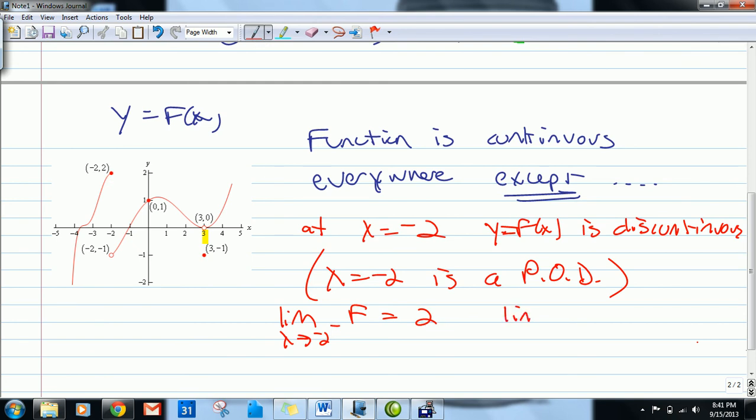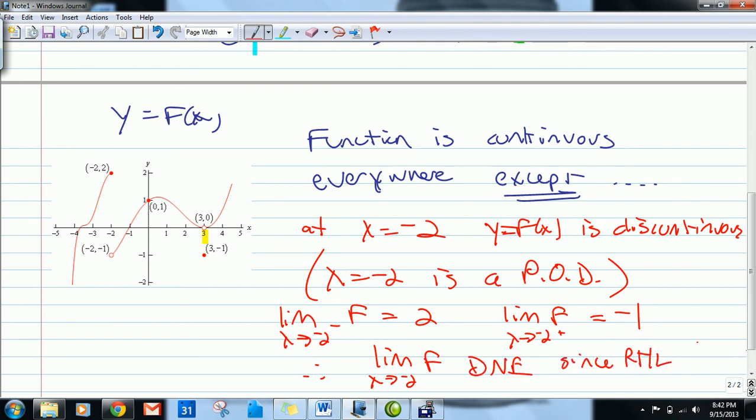The limit as x is approaching -2 of our function from the right of -2 is -1. Uh-oh. That's not cool. So what does that mean? That means the limit as x is approaching -2 of our function does not exist, since the right-hand limit isn't equal to the left-hand limit.